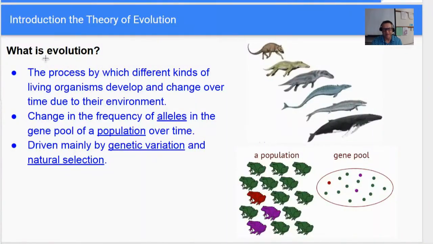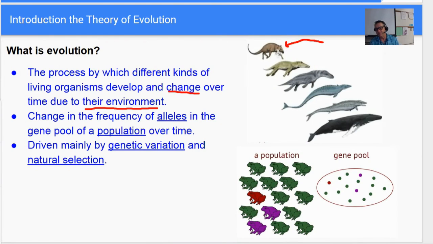All right, so what is evolution? One definition is the process by which different kinds of living organisms develop and change over time, usually due to changes in their environment. So right here you can see whales. Whales are mammals. They're much more closely related to us than they are fish and sharks. So about 30 million years ago, whales lived on land.